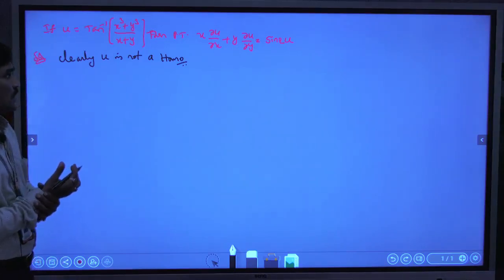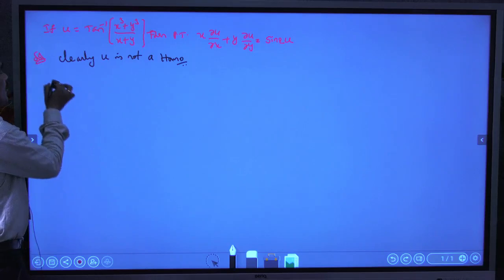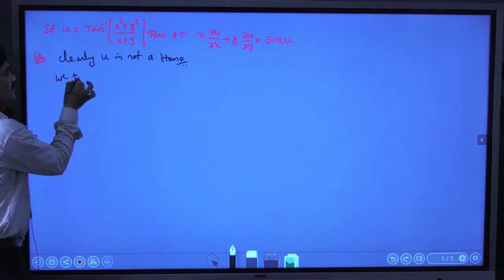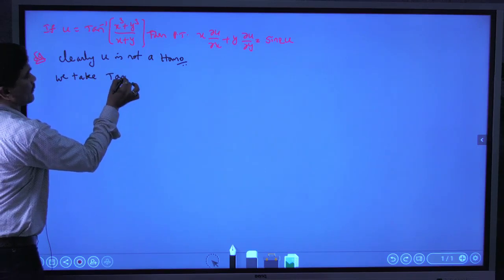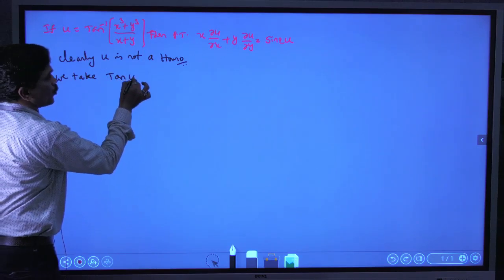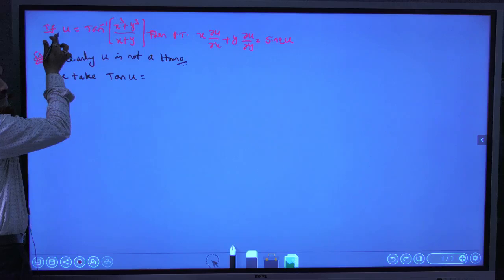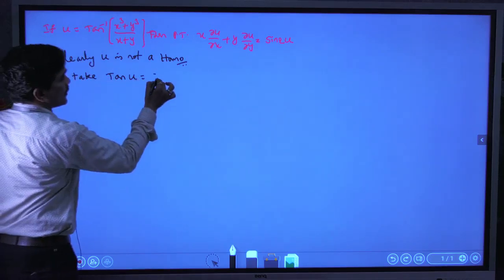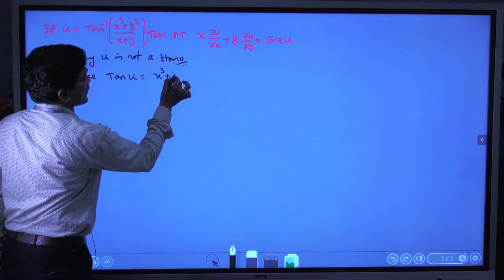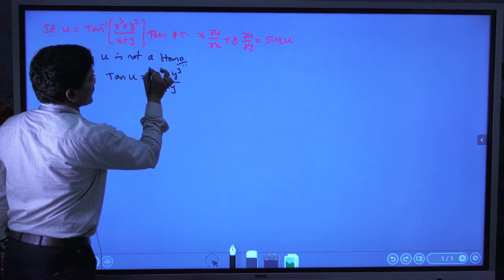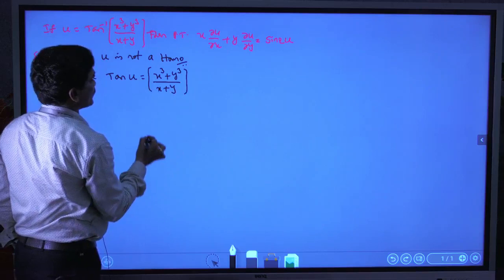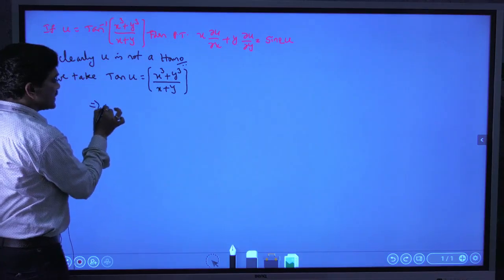So if it is not homogeneous, we take this one as tan u. We can write tan u is equal to (x³ plus y³)/(x plus y), right?